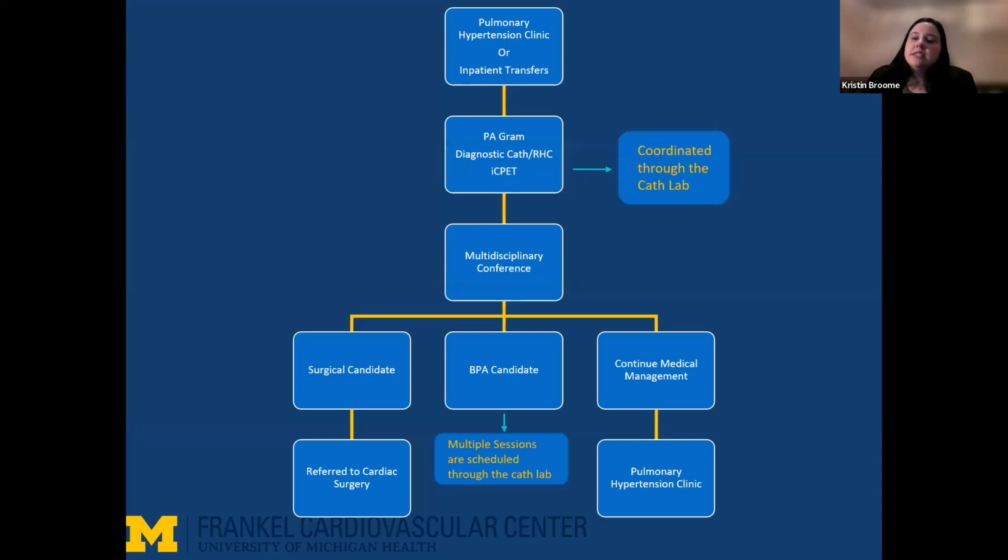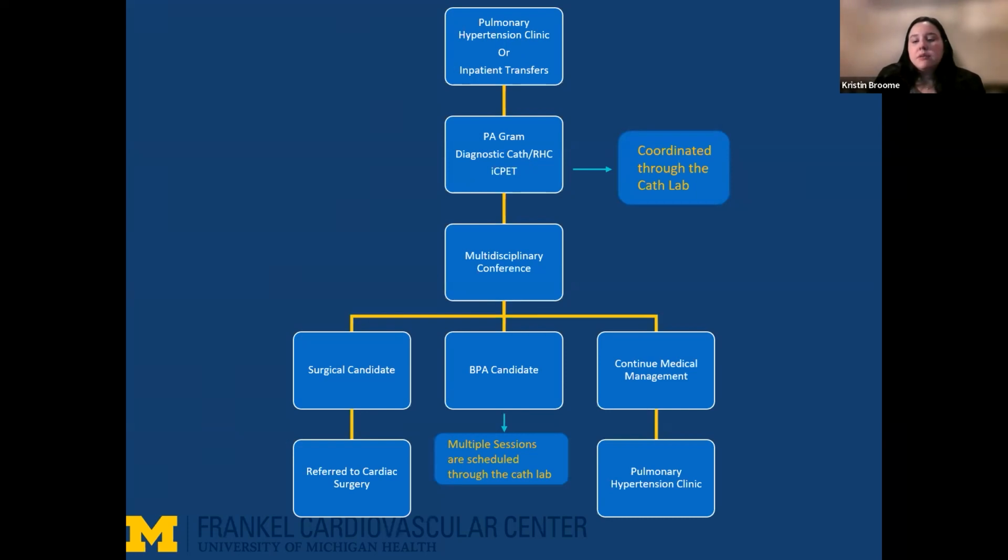So this is an example of how patients are moved through our CTF program. First, they come to us through a referral through our pulmonary hypertension clinic or an inpatient transfer, and they are either diagnosed with CTF at that point or their diagnosis is confirmed.